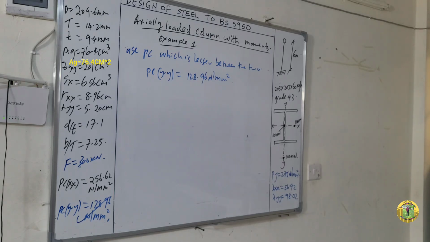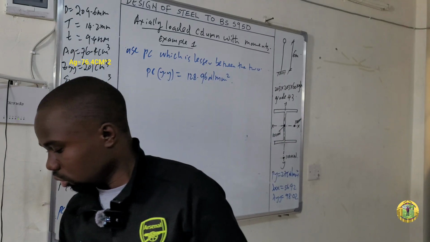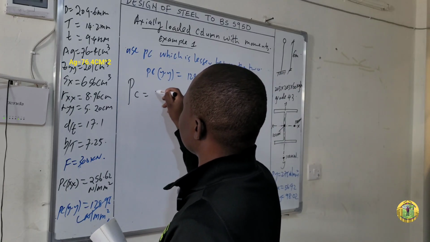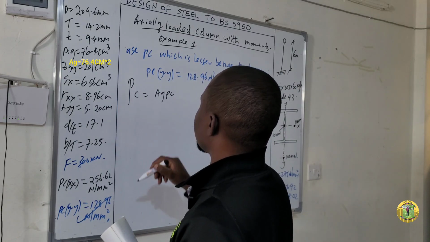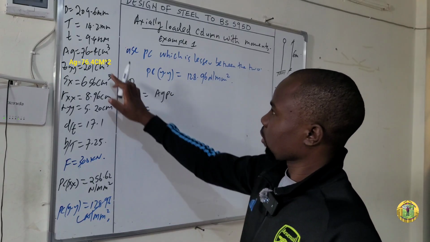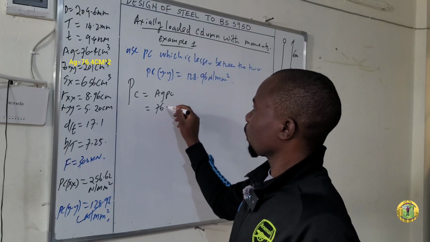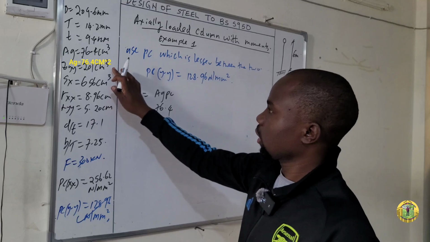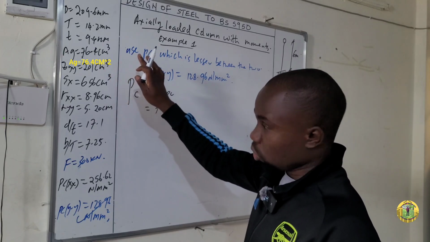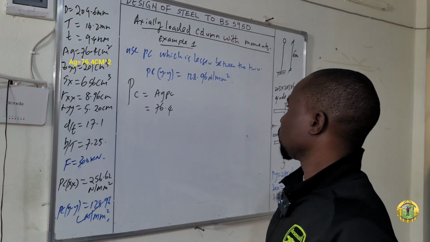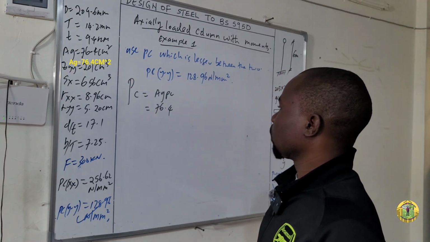Then after that, we now proceed to compressive resistance. So the compressive resistance, which is capital PC, is equal to AG PC. We have our AG here. Cross-section area is 76.4 centimeter square.